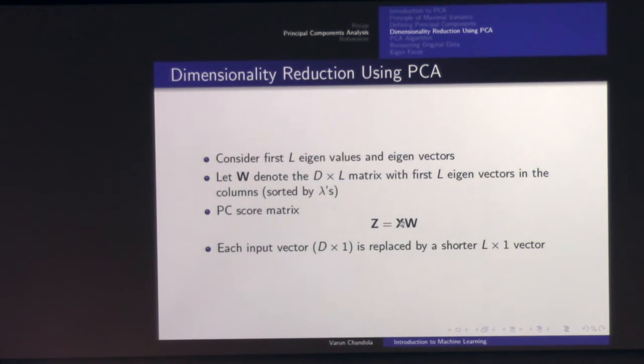X is a data matrix, so X is N cross D. It has N rows, and each row is a data point in D dimensions. When I multiply N cross D times D cross L, I get an N cross L matrix. So each row in that new matrix Z is the reduced data point in the L-dimensional space. So each input vector is replaced by a shorter vector. All right, any questions so far?